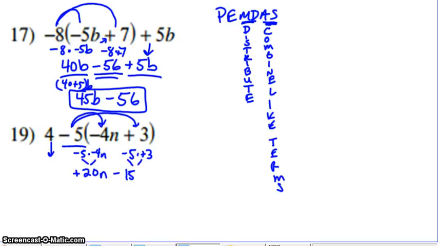And then don't forget this 4. After we distribute, remember we combine like terms. 20n has nothing to combine with, but we have 4 and negative 15. We can combine those and get negative 11. And we're done.